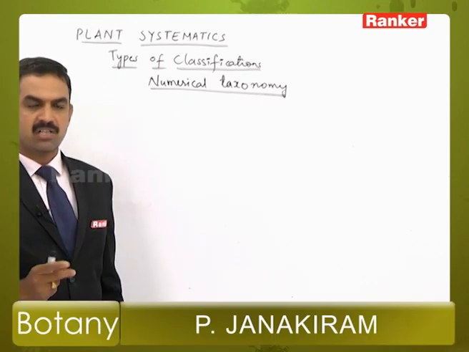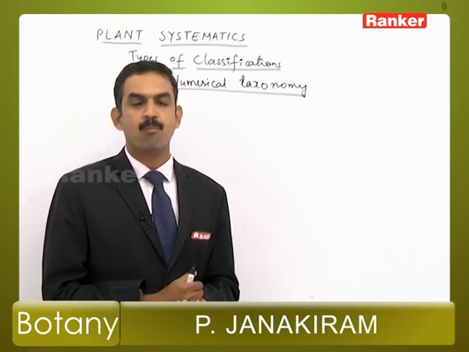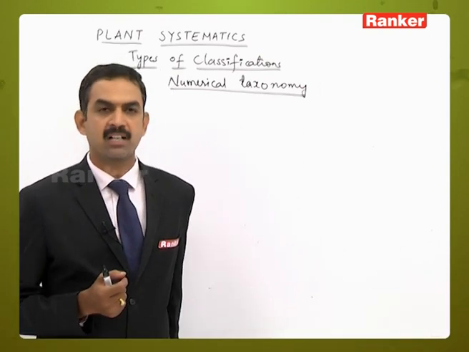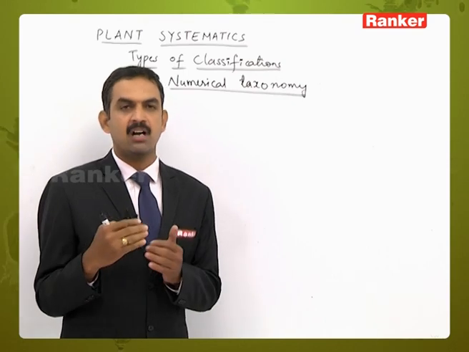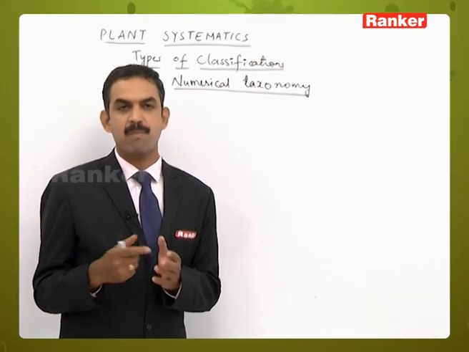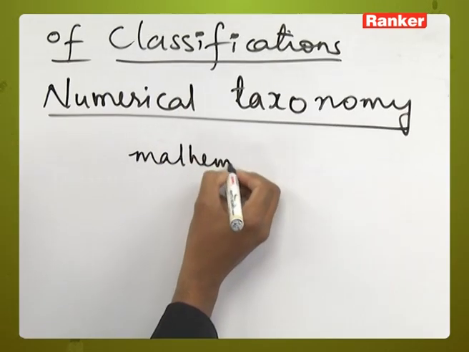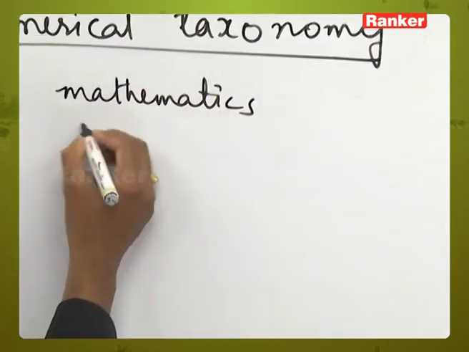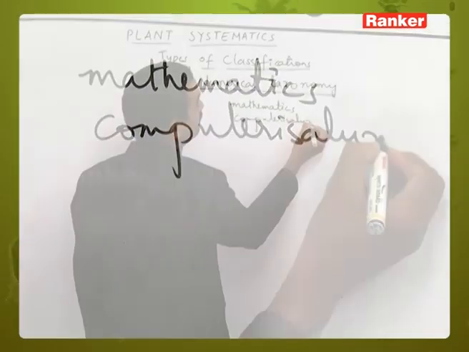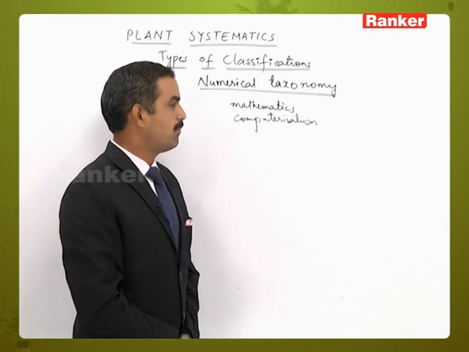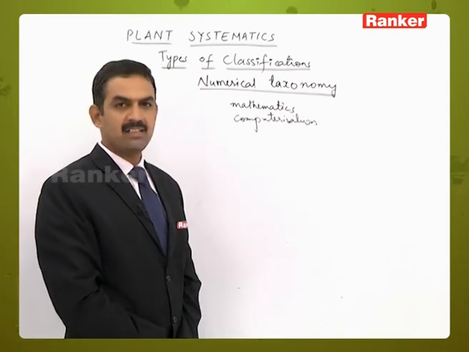When we are analyzing the characters of plants for classification, mathematical and computerized concepts are used, that is, analyzing the characters based on mathematical tables and computerization. So, analyzing the characters based on mathematics and computer knowledge is called numerical taxonomy.